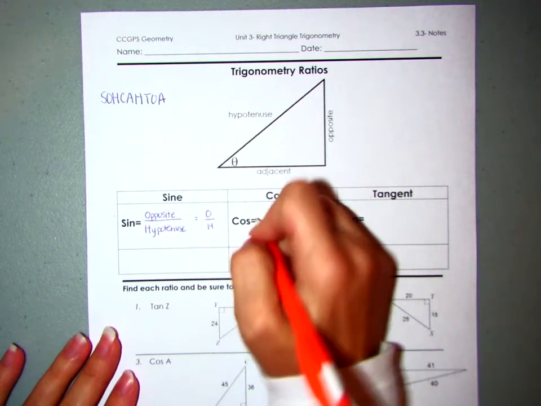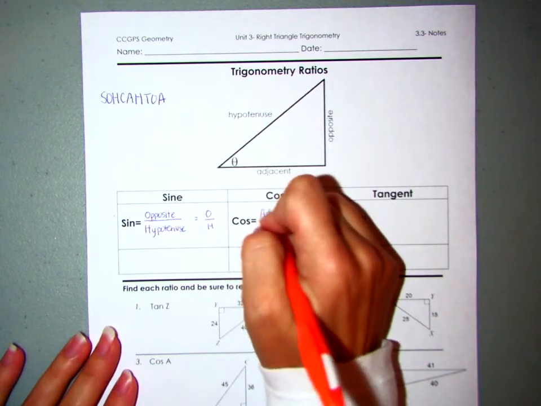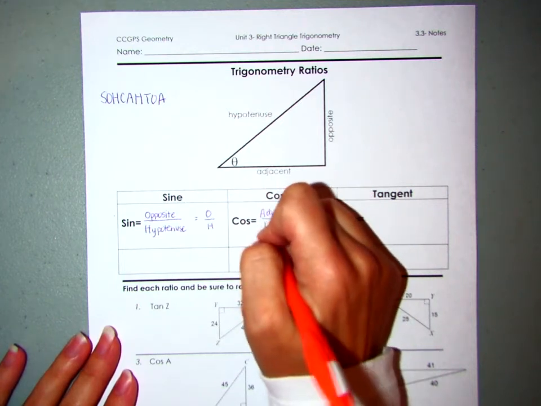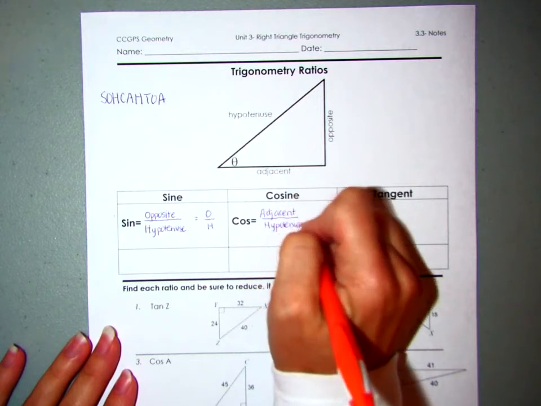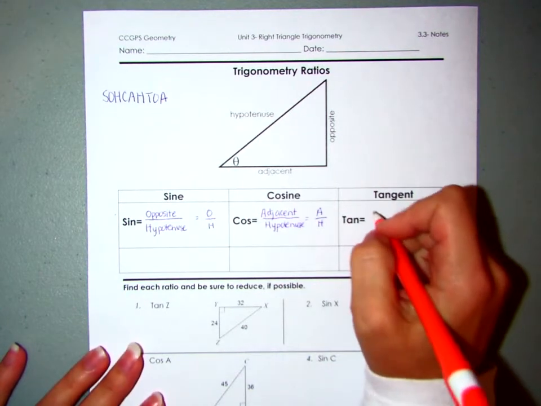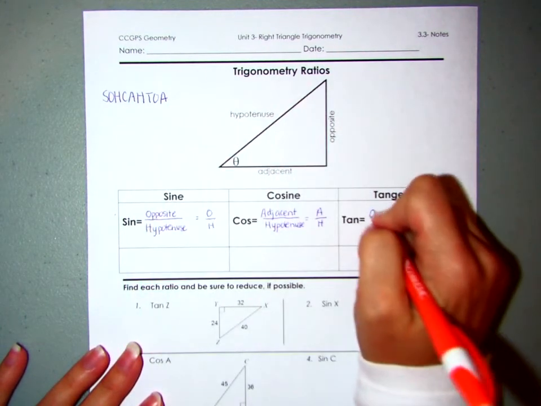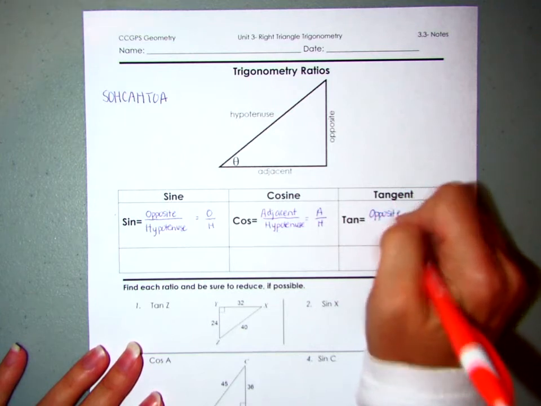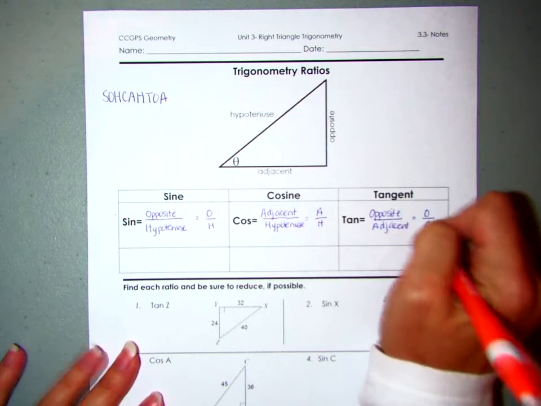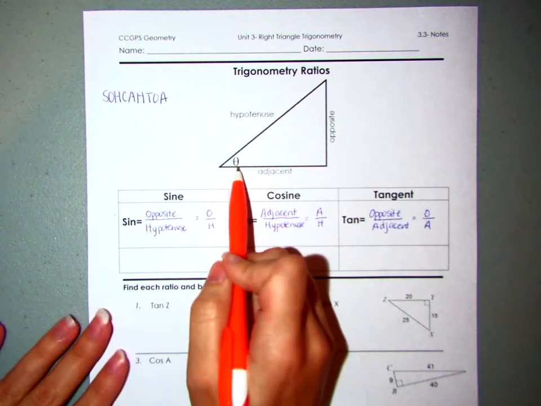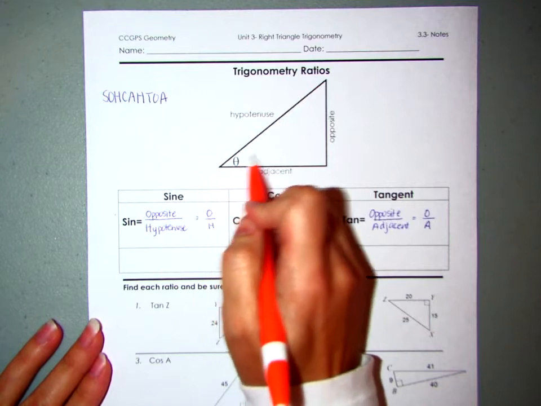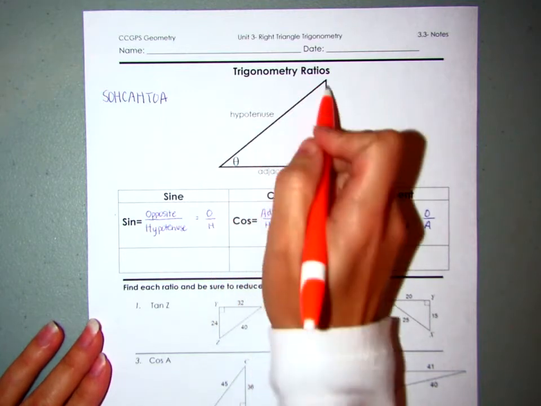Then cosine is equal to the adjacent over the hypotenuse, or A over H. The tangent is equal to your opposite over your adjacent, or O over A. So if you look at this angle here, angle theta, the side directly across from theta is the opposite one.